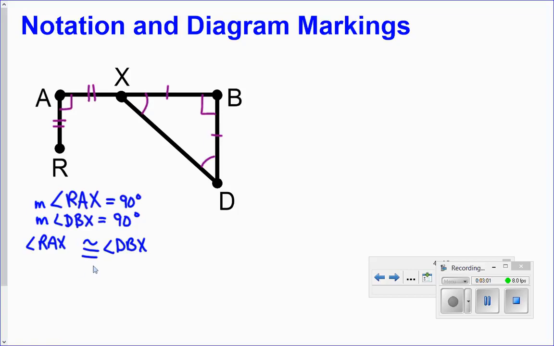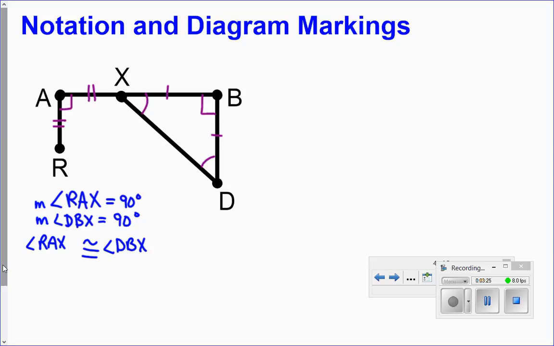Now notice I didn't put the measure of in front of that notation, because here I'm talking about the angles themselves, and I'm saying that the two angles are congruent to one another. But if I'm talking about the specific measure, 90 degrees, then I do want to indicate that the measures are equal.